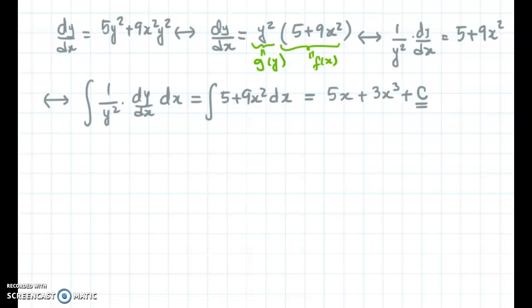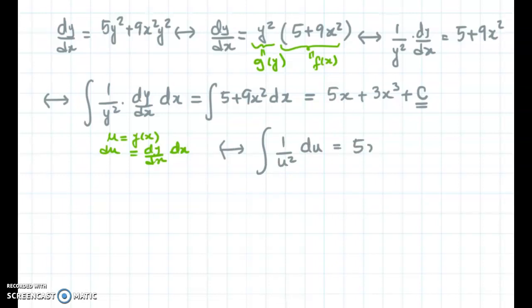On the other side was where we were doing a change of variables, so we'll write that u is the function y of x. So we write du instead of the derivative of y with respect to x dx. And by doing so, we'll get the integral of 1 over u squared du is the same as 5x plus 3x cubed plus a constant c.